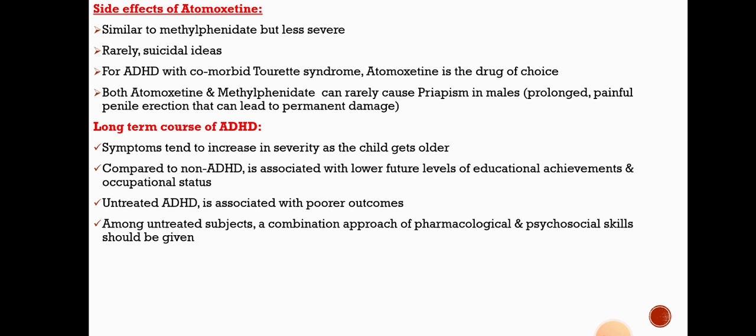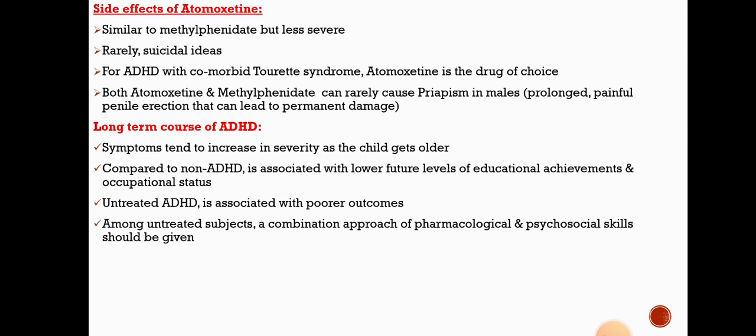Next, coming to the long-term course of ADHD. ADHD starts in childhood, and as the child gets older, the symptoms get more severe. Because of ADHD, it affects the educational levels. For example, they cannot get good marks in the examination, they cannot get a good percentage.